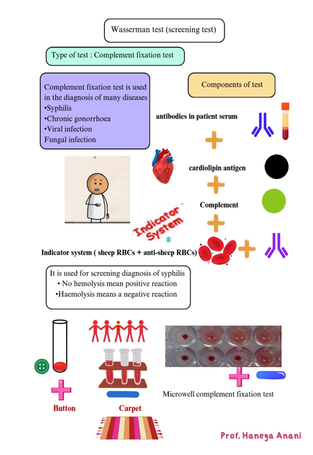Complement fixation test is used in the diagnosis of many diseases: syphilis, chronic gonorrhea, viral infection, fungal infection. We use tube complement fixation test or microtiter complement fixation test. It is used for screening diagnosis of syphilis. No hemolysis means a positive reaction. Hemolysis means a negative reaction.